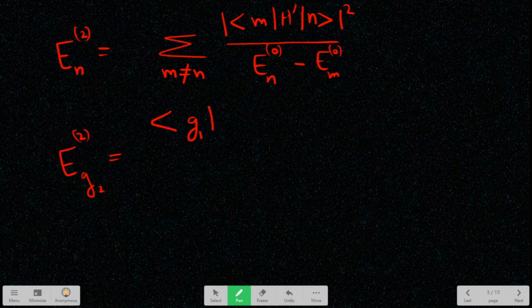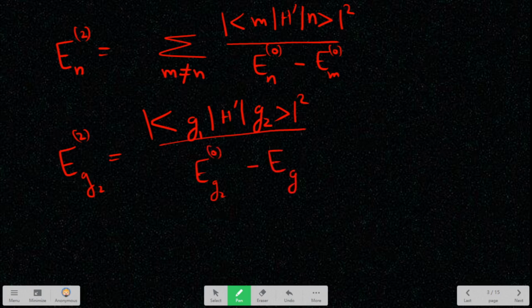So it is the modulus square of <G1|H prime|G2>, divided by EG2_0 minus EG1_0. There is only one such state which is not equal to G2, so therefore there is no need of summation.